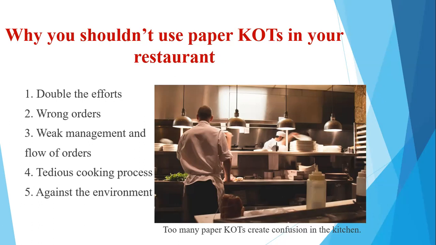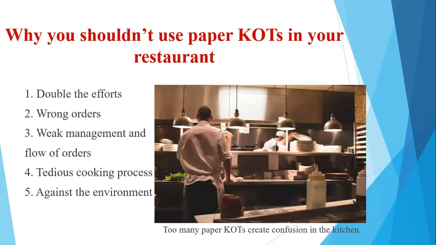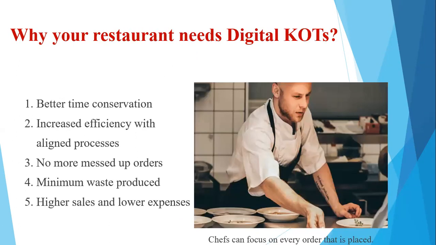So this picture depicts the area where the cooks are actually working and taking care of the orders one by one as they flow into the kitchen. With the digital KOTs, now you can see the difference between the paper KOTs and digital KOTs.